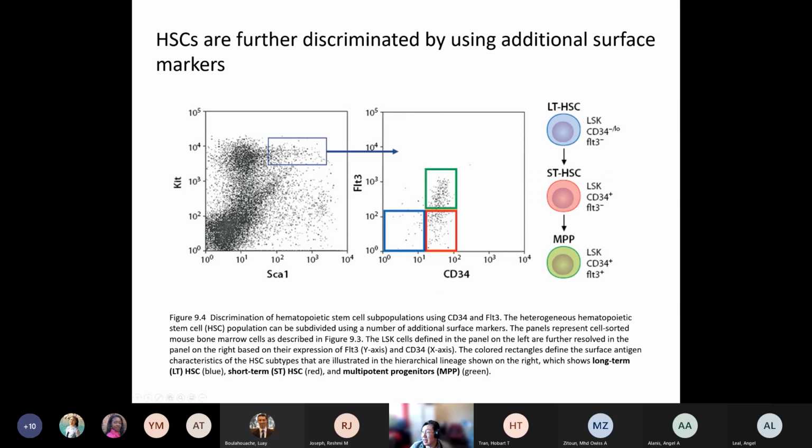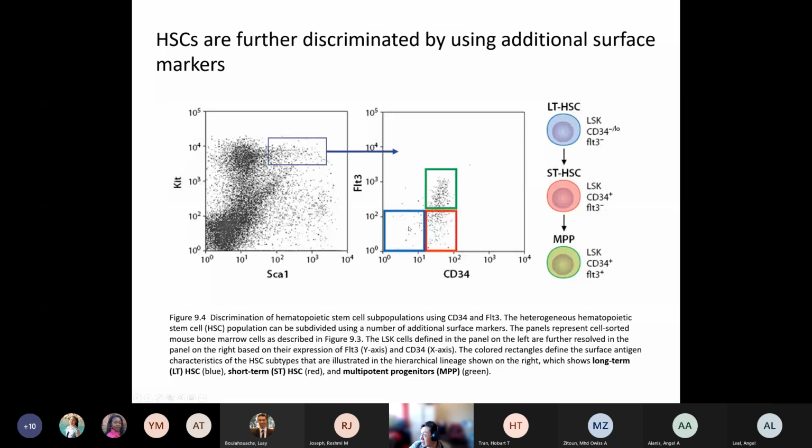But they start with LSK, that's the cells in the blue box. And now for the analysis of the cells, in this thicker blue box, the cells should be CD34 and FLT3 double negative, based on this plot.